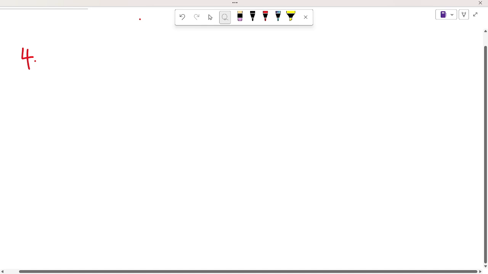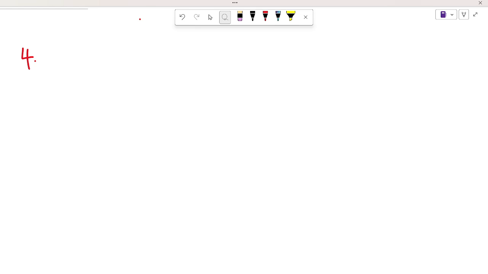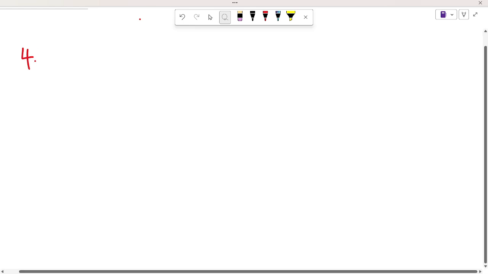Next, we'll be looking at another example. So we have terminal A, we have a 1 ohm resistor, we have a 3 ohm resistor here, then a 6 ohm resistor.